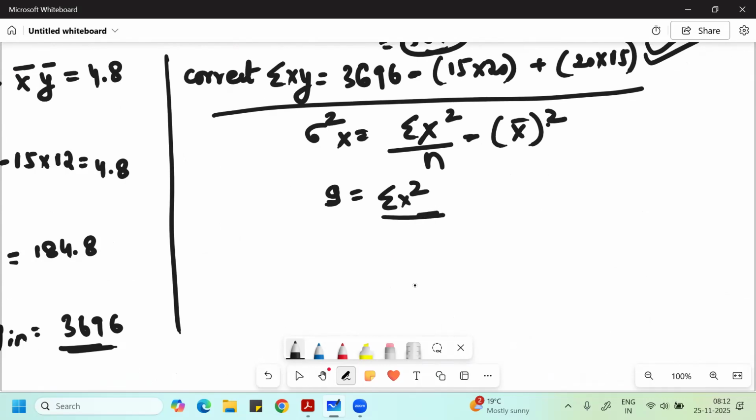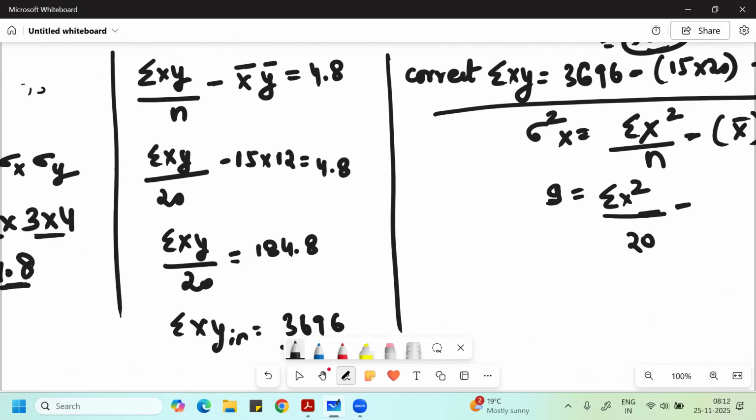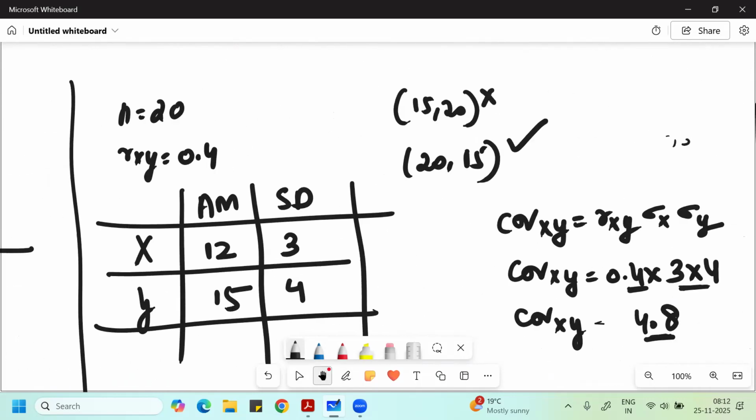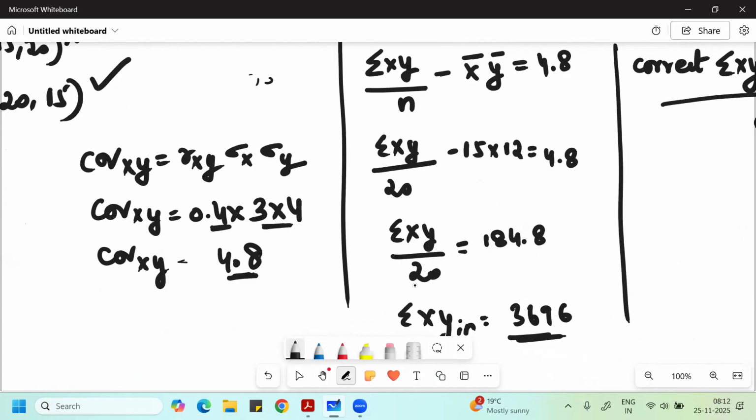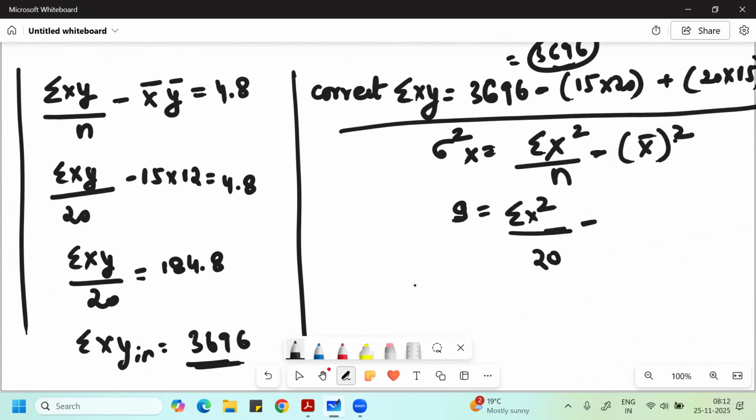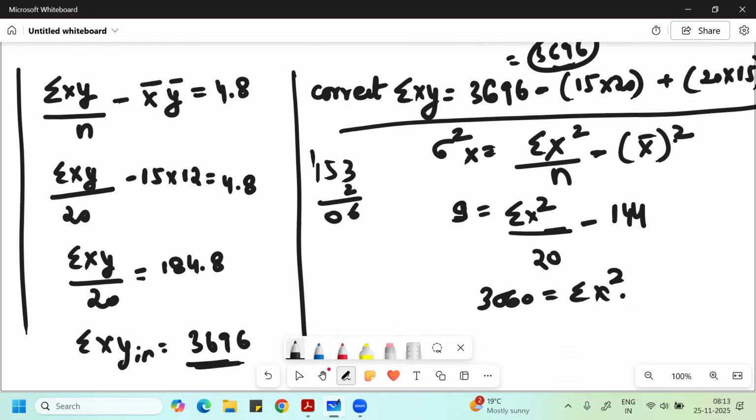N is 20, minus the mean of x, which is 12. 12 square is 144. So 144 plus 9 is 153. 153 into 20 gives you 3060. 3060 is the incorrect sum of x square.